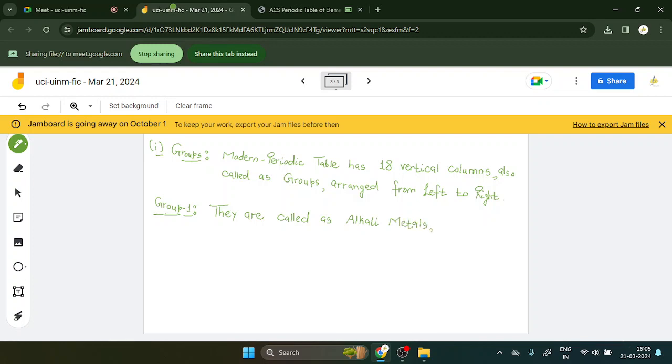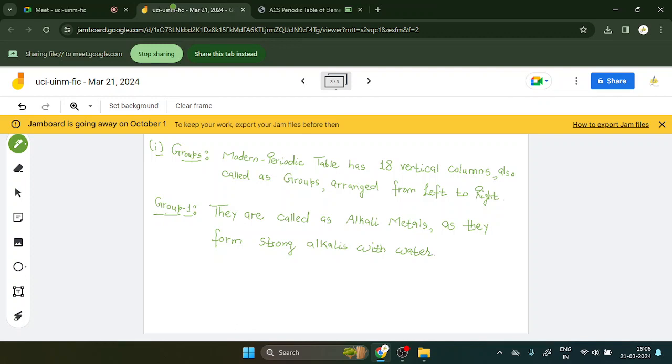Because when they react with water, they form strong alkalis with water. Clear? These are called the group 1 elements.